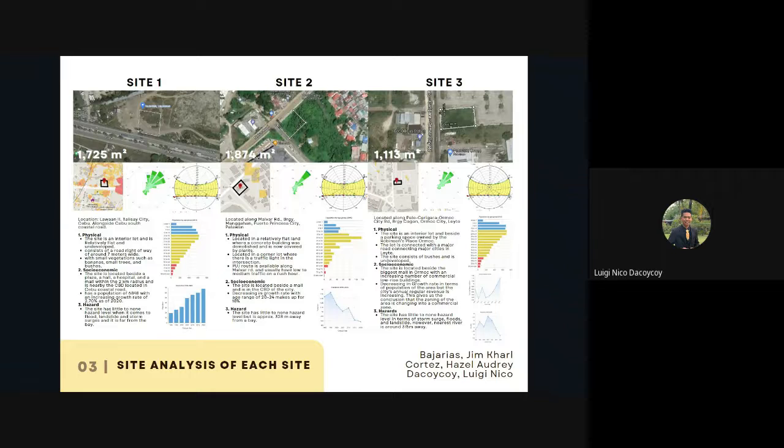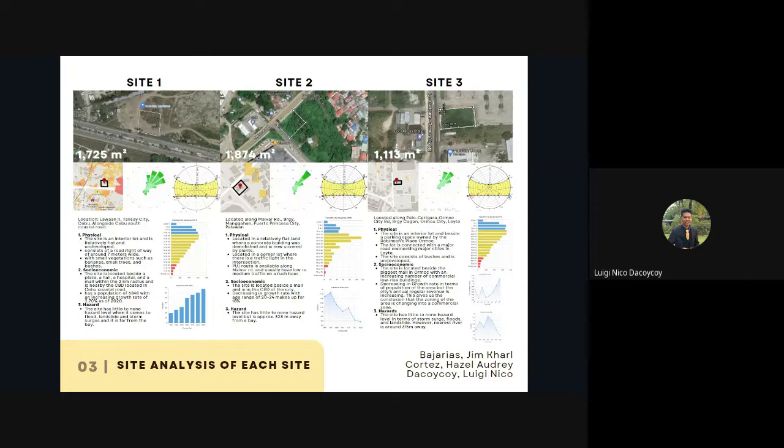For Site 3, it is located along the Palo-Carigara or Ormoc City Road in Barangay Cogon, Ormoc City, Leyte. For the physical attributes, the site is an interior lot, and beside it is a parking space, which can also be used for a Cebu Mercado, and for our market, like a Quadro.